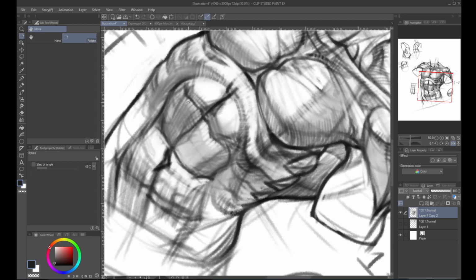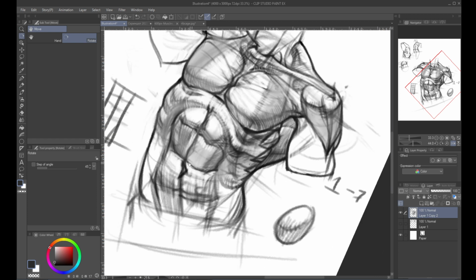Now, let us add a little bit of light, for example here, and make the central symmetry line a little bit weaker, because it's starting to drain the viewer's attention away from the more complex forms.